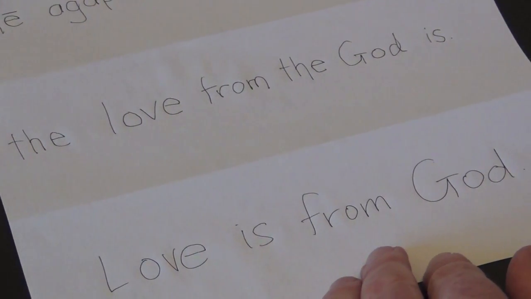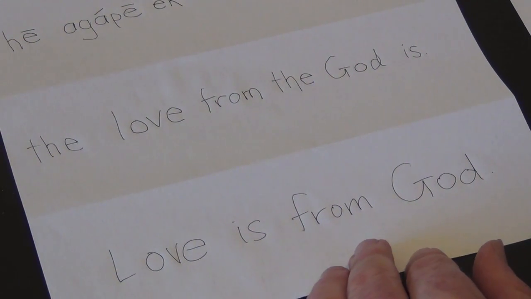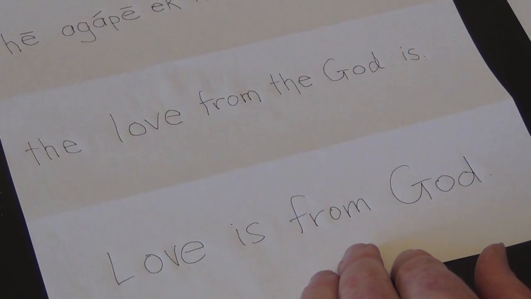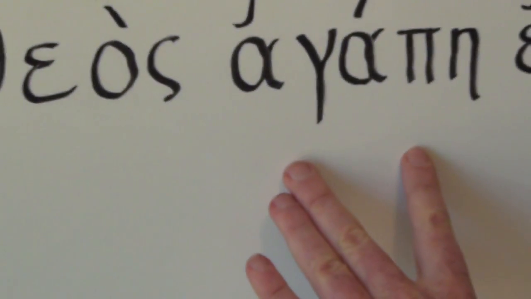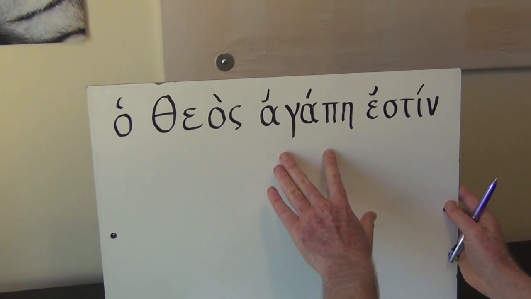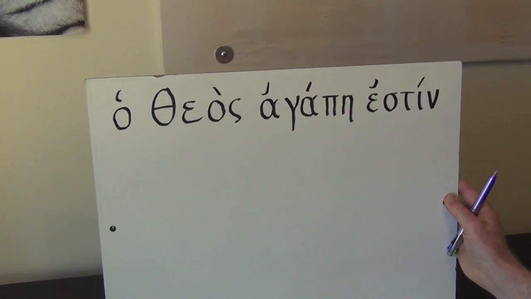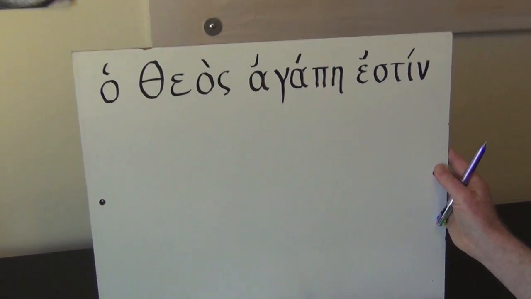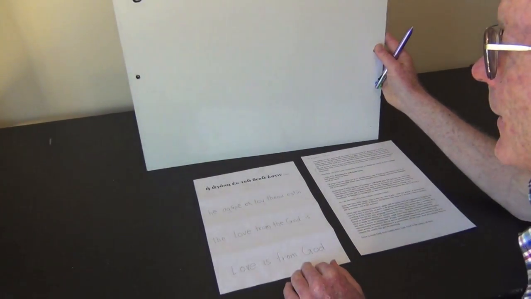Now, an important thing to notice here is that in our first lesson, the word agape had no the going with it. It just stood by itself. But here, the word the goes with it. And that makes a subtle difference in Greek.